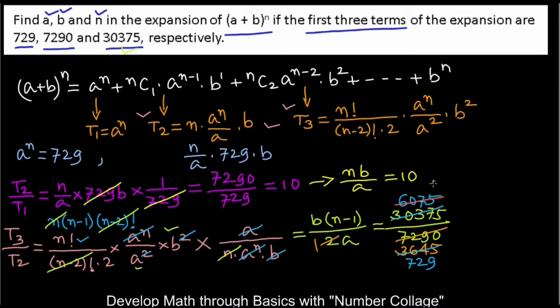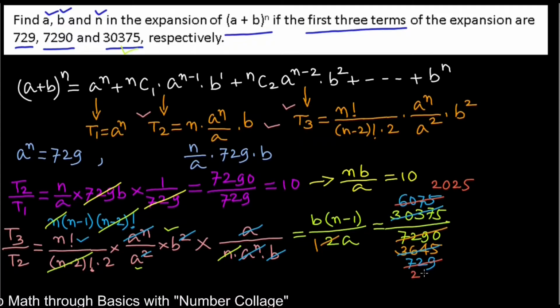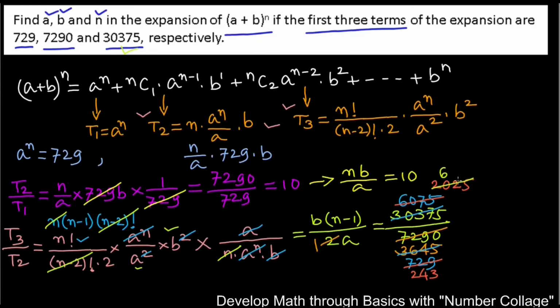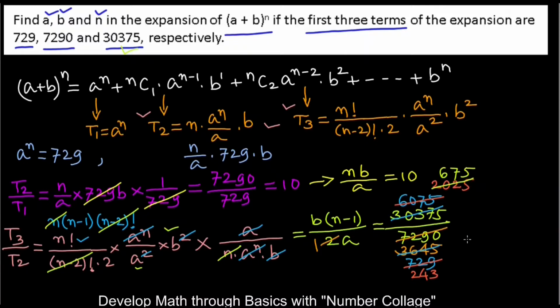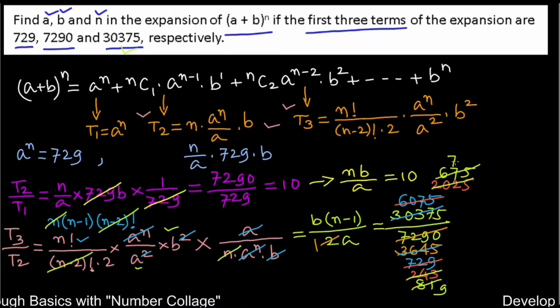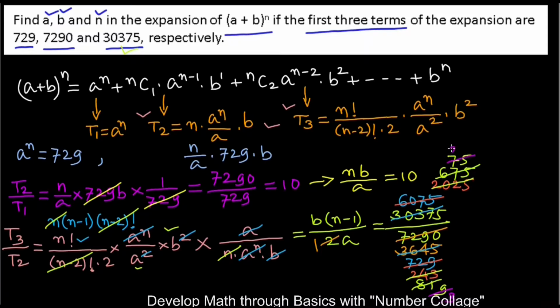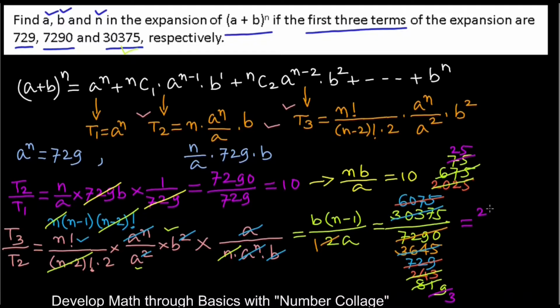This will be 3 2s are 6, 3 2s are 6, 3 5s are 15, 3 2s are 6, 3 4s are 12, 3 3s are 9. Again we will divide by 3. So that will be 3 6s are 18, 3 7s are 21, 3 5s are 15, and finally 3 3s are 9, 3 2s are 6, 3 5s are 15. So this will be 25 upon 3.